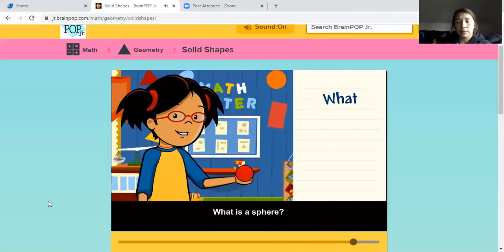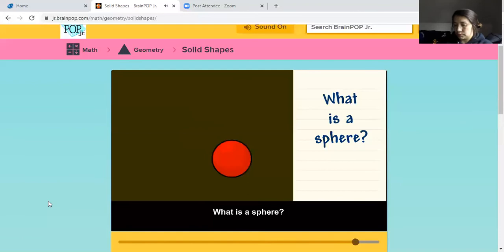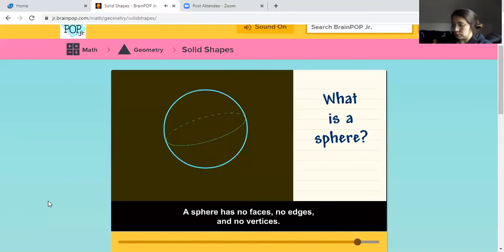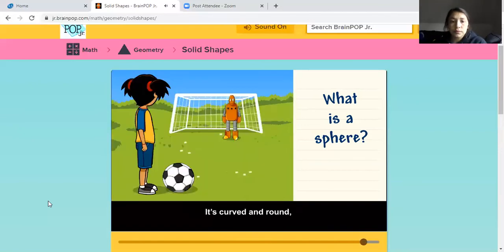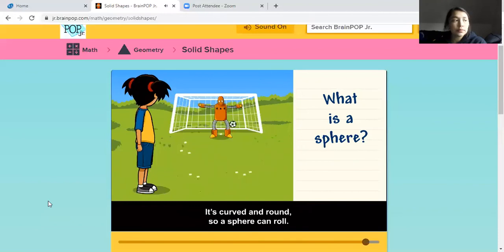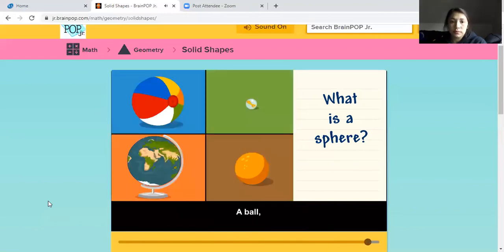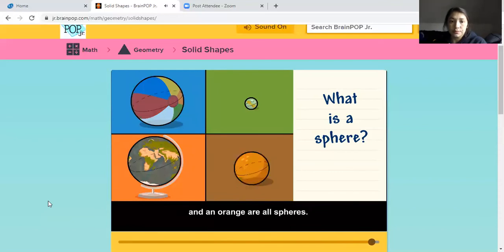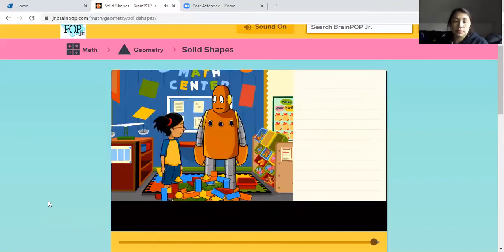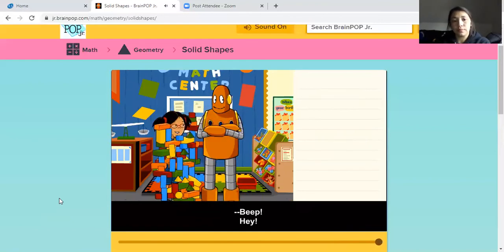What is a sphere? A sphere has no faces, no edges, and no vertices. It's curved and round, so a sphere can roll. A ball, marble, globe, and an orange are all spheres. Sorry about the mess, Moby. Hey!